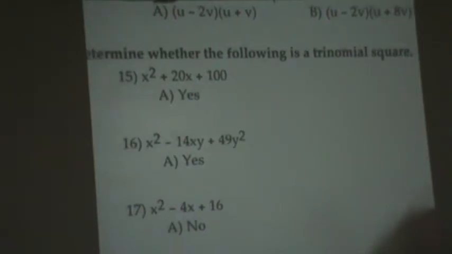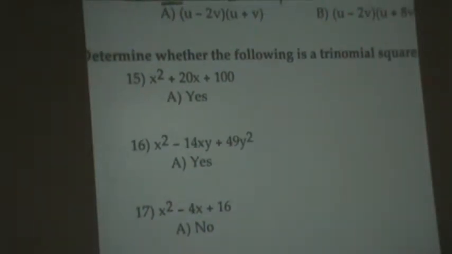Decide whether the following is a trinomial square. Yes or no? The best way is just to start factoring it, right? If you were going to factor it, you'd have x times x. The 100 would be 10 times 10, right? Okay, do these add to give you 20x? 10x and 10x, yes.